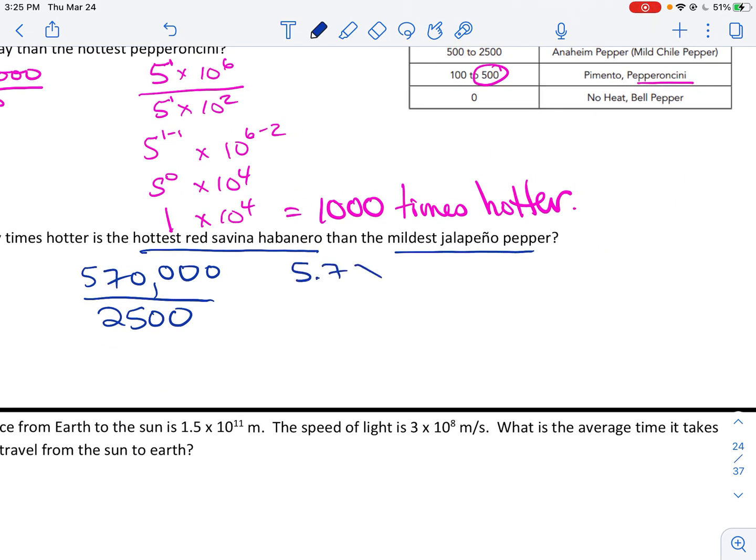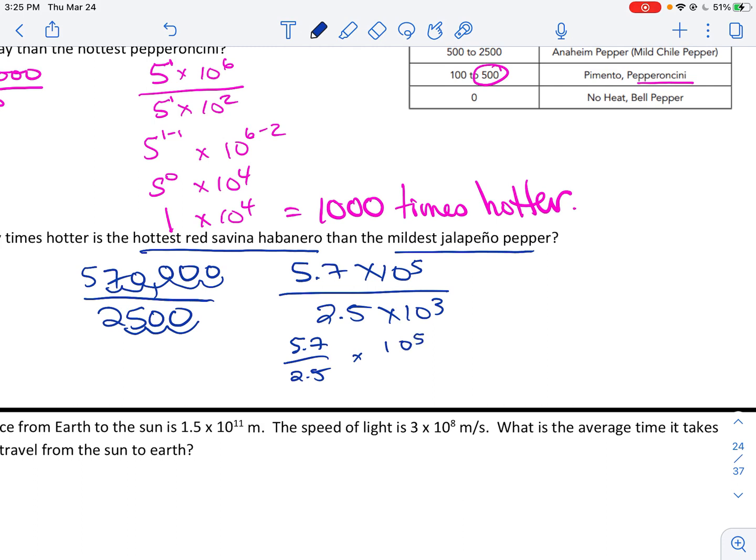So 5.7 times 10, there's 1, 2, 3, 4, 5. Over 2.5. 1, 2, 3. So I divide. You do 5.7 divided by 2.5, and you do times 10 to the 5th over 10 to the 3rd.